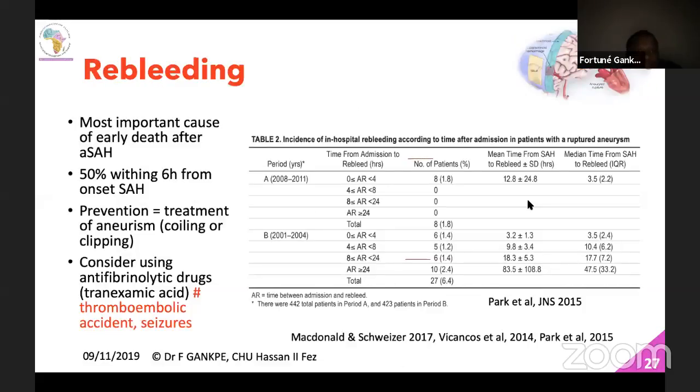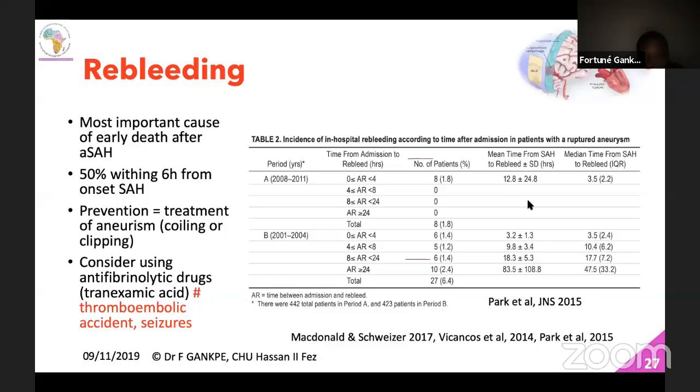The second complication is rebleeding. It's the most important cause of early death after aneurysmal subarachnoid hemorrhage. 50% of rebleeding occurs within 6 hours from onset of subarachnoid hemorrhage.